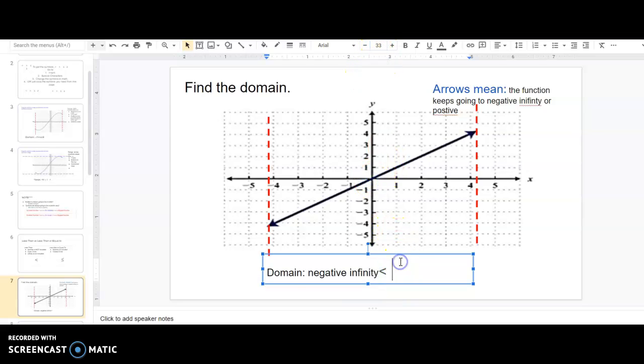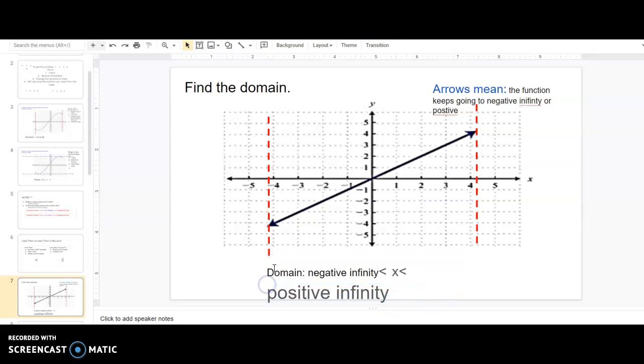All right, so the domain is from -infinity. We're talking about X is less than, and let's look at where it stops. Does it stop right there at 4? No, it keeps going. It keeps going towards what number? Positive infinity. And let me fix the font on that.